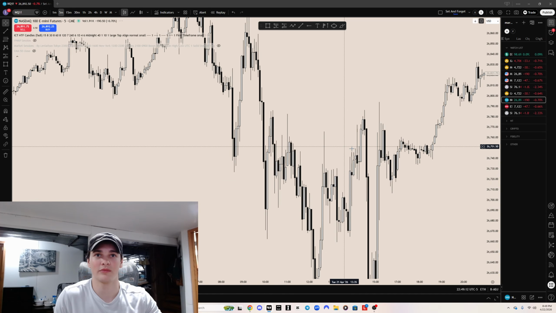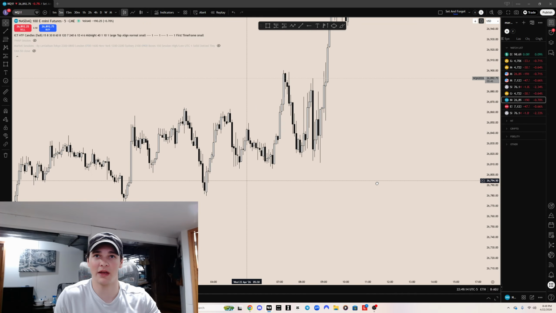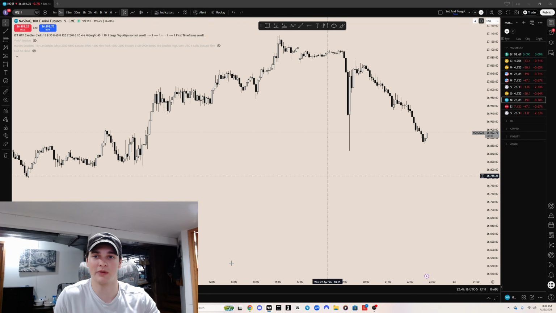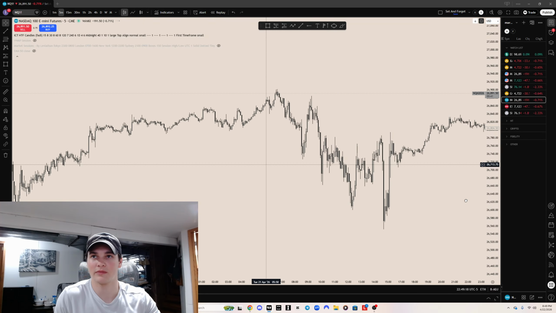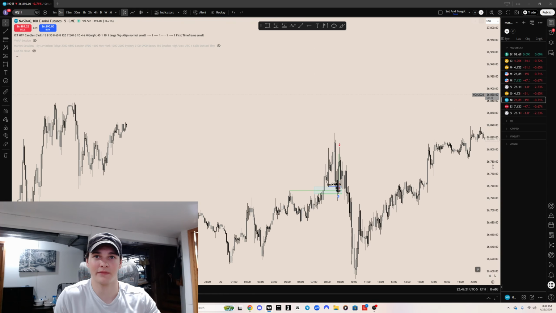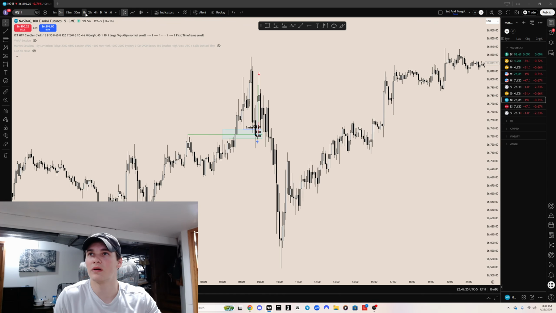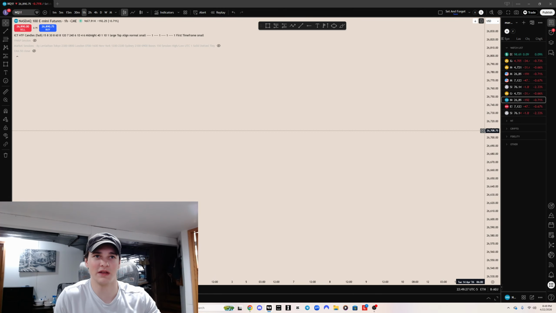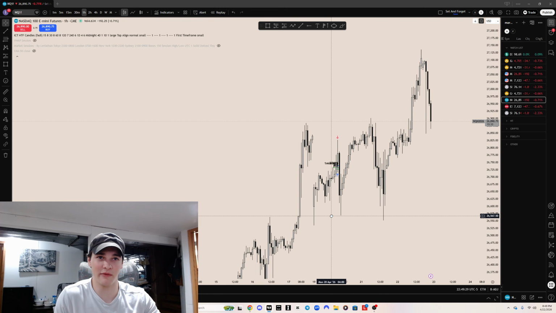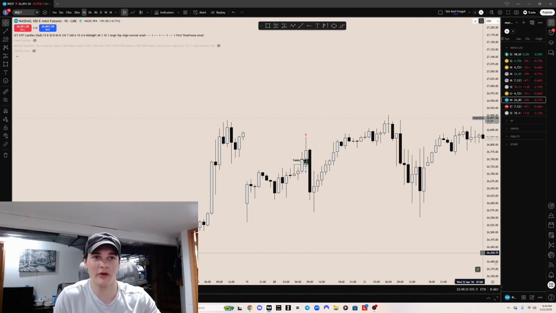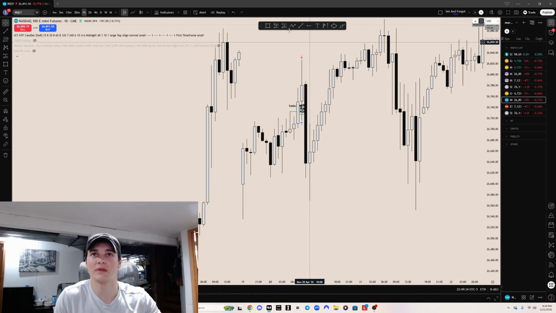So let's go on to here to make sure I was right about this equilibrium, though. Actually, I'm just going to go to the 1 hour to be even more sure, because the higher the time frame, the better. Perfect. Look at that.